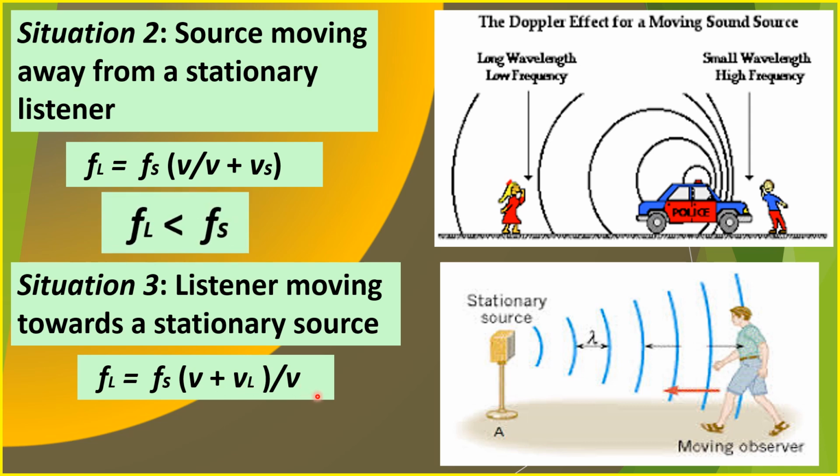And the source is stationary, so you don't see the quantity Vs in our denominator. Analyzing this further, the quantity inside the parentheses, after being divided by V, will come out to be a number that is greater than 1, which means that the observed frequency FL will be greater than Fs, or the frequency of the source.